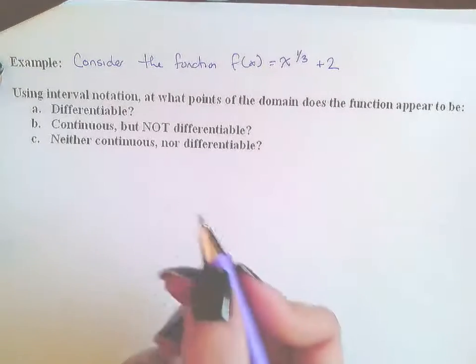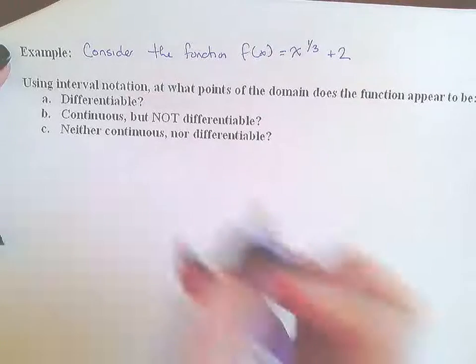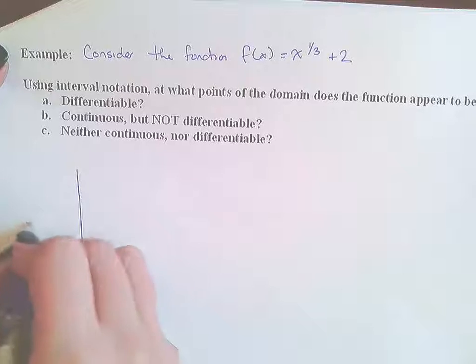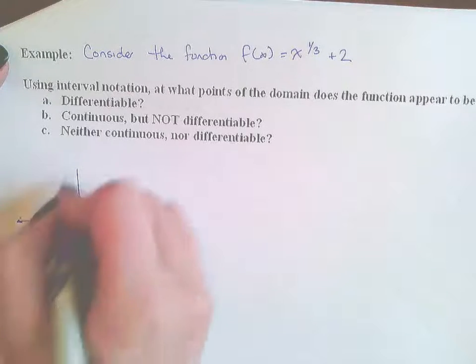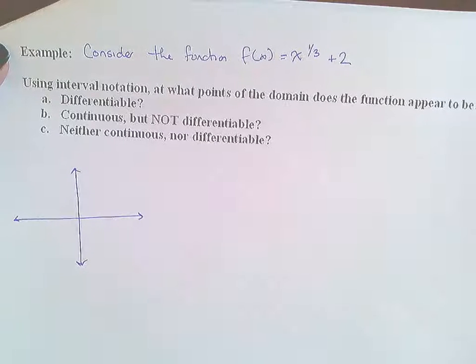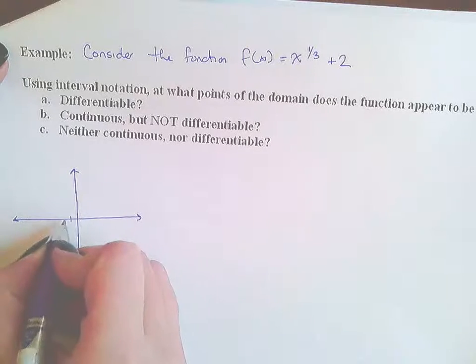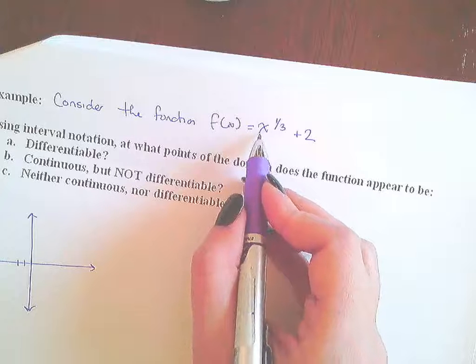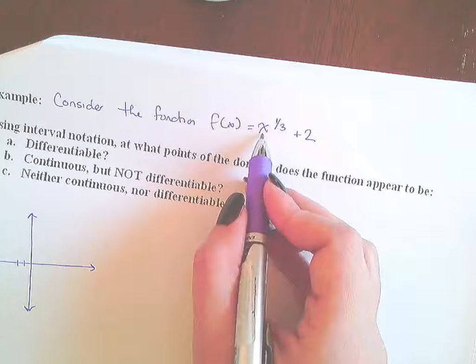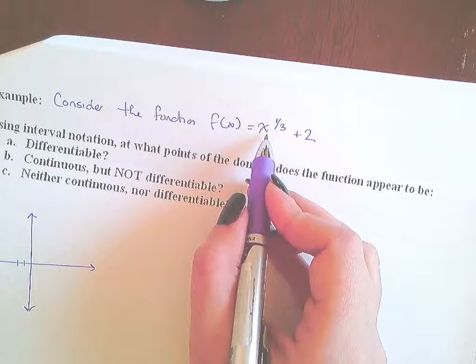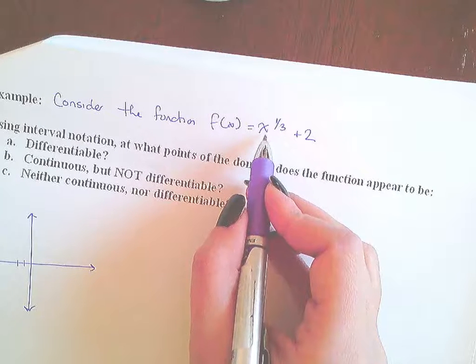So I'm going to graph this, okay? And if I graph it, I'm going to use my graphing calculator, and this is kind of what I get. I end up with a graph when x is 8, y is 0. So 8, the cube root of 8 is 2 plus 2.